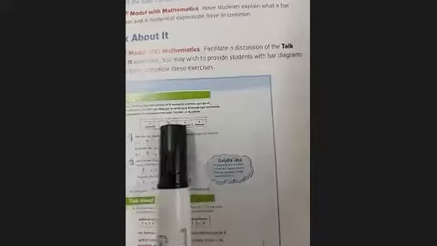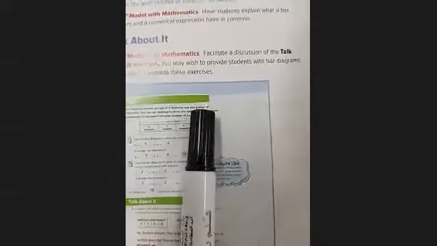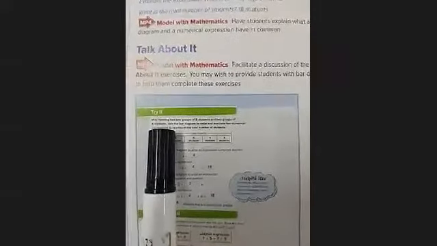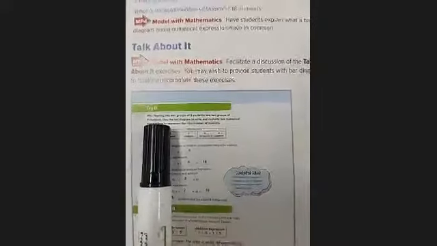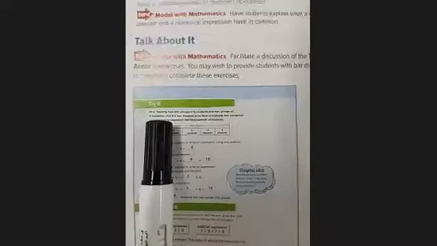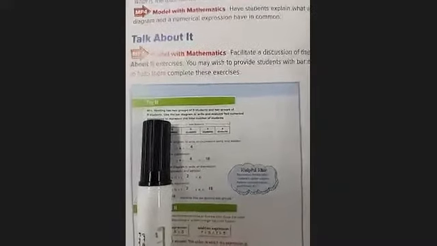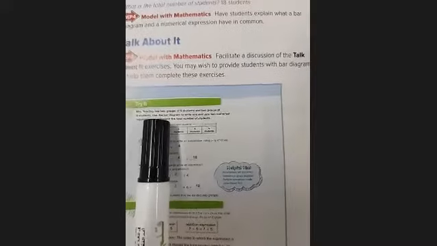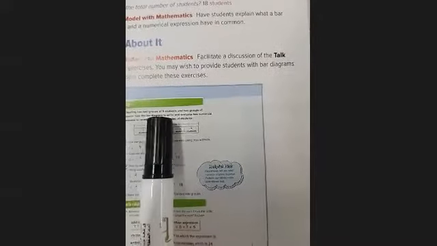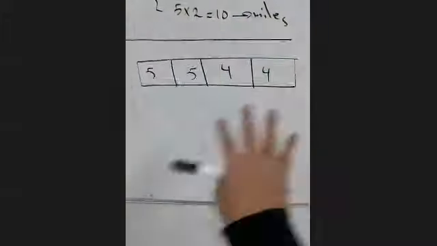Continue. Use the bar diagram to write and evaluate two numerical expressions to represent the total number of students. Good. Look at the board now. Now I want the total number of the students.